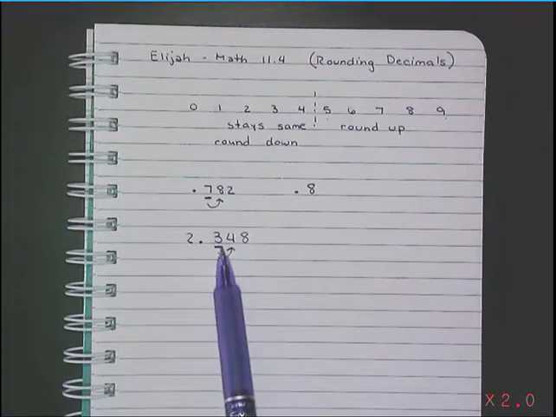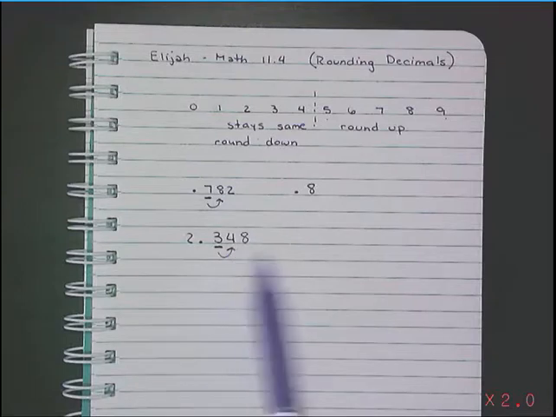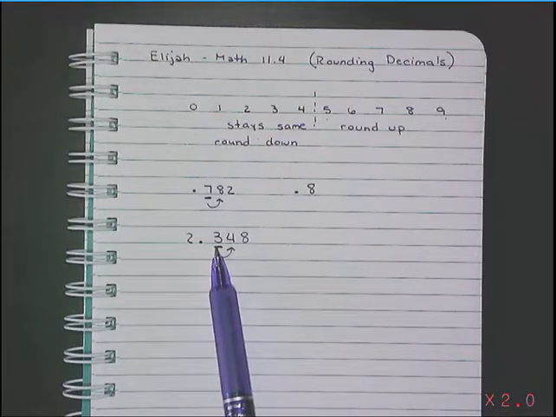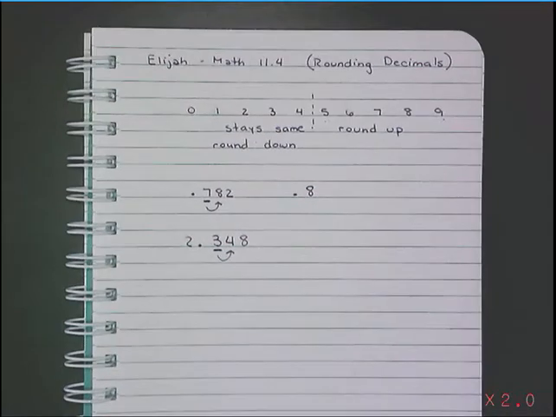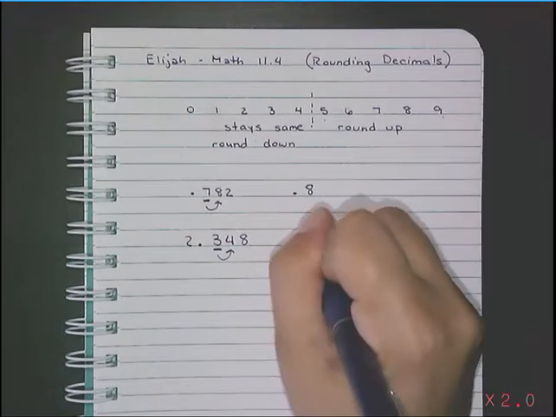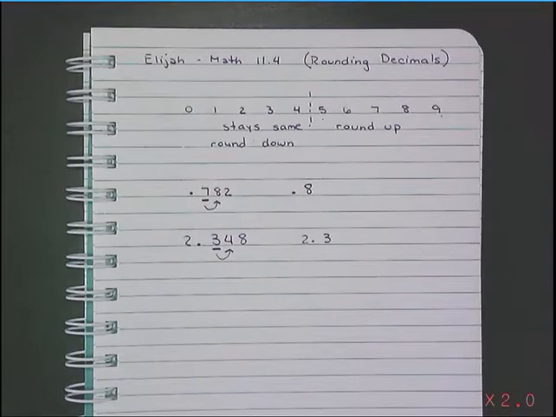When you round down, that number stays the same, because 0.3 is less than 0.348. So that's why you're rounding down, but that number stays the same. If we were rounding to the nearest tenth, it would be 2.3.